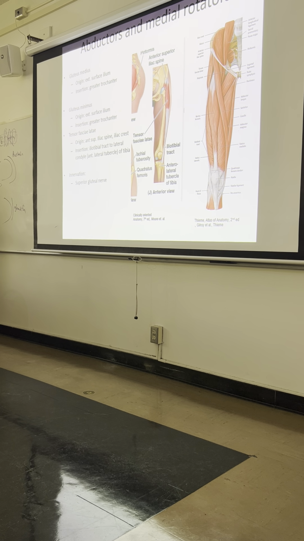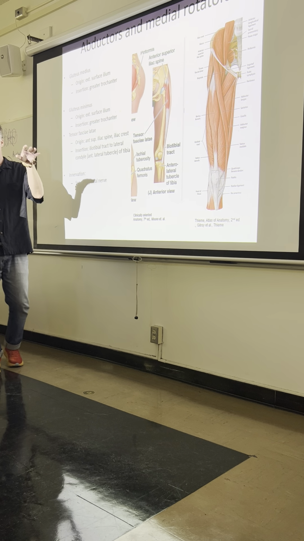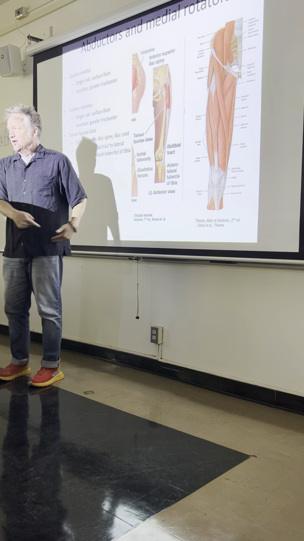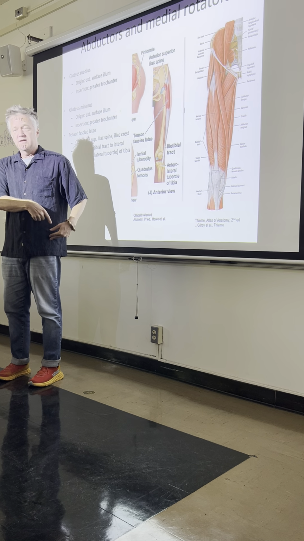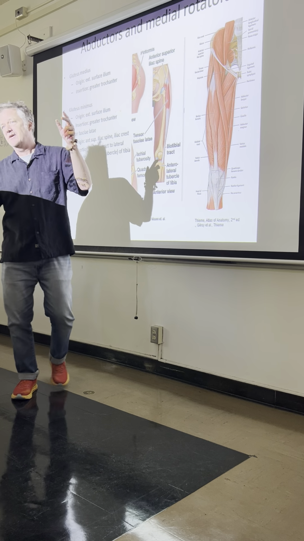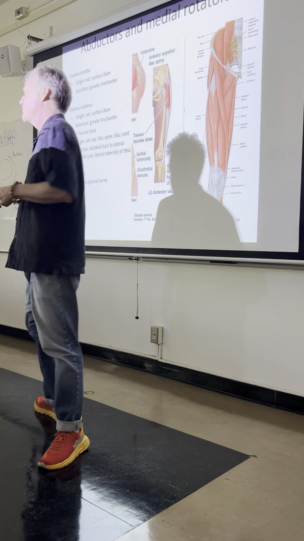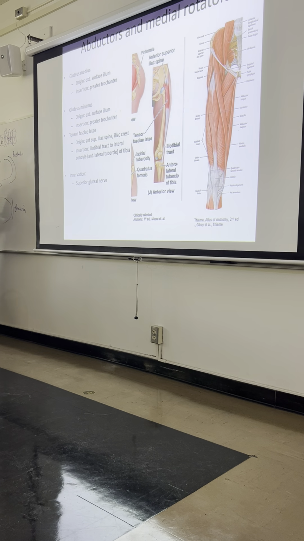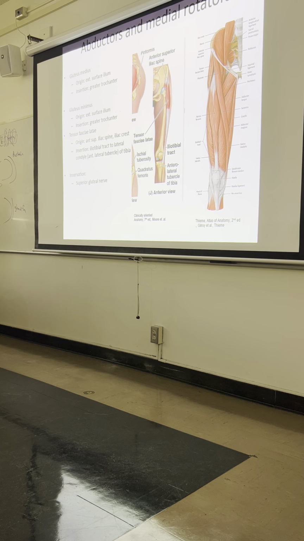Interestingly, if a human has damage to the nerve to medius and minimus, when they walk, they'll start walking, I'm exaggerating a bit, but they'll start walking a bit like a chimpanzee or a gorilla. The pelvis will drop to the opposite side of the lesioned nerve. So if on the left side my glute medius and minimus are weak because the superior gluteal nerve is damaged, my hip will drop to the right when I walk. And that's called a Trendelenburg gait. So these guys have been repurposed during evolutionary history to function as abductors.